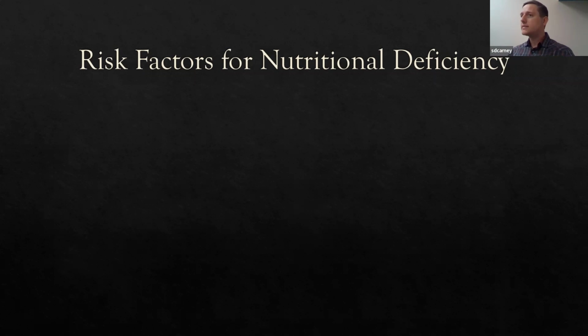What kind of things set people up for nutritional deficiencies, all right? Let's see, I've got 8 things, but you guys may have more, all right? But we're going to hit on the top 8 that I can think of.